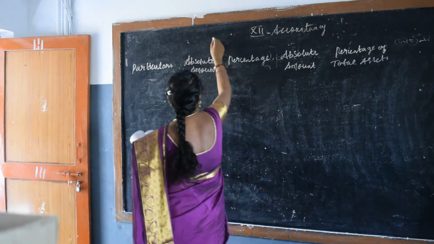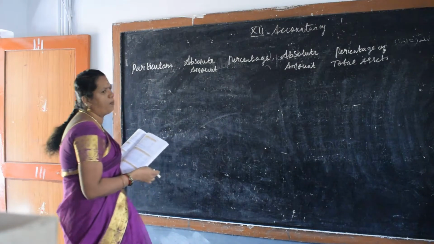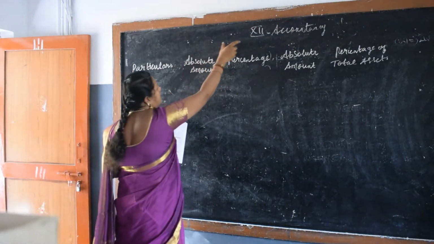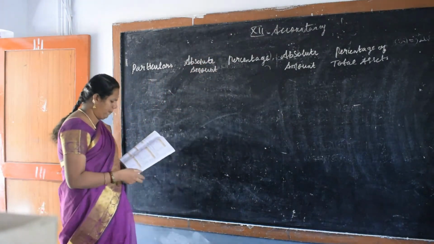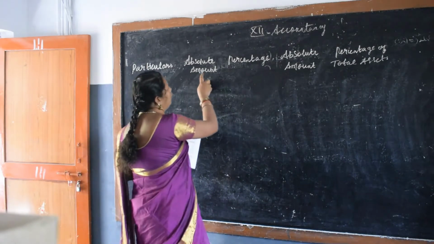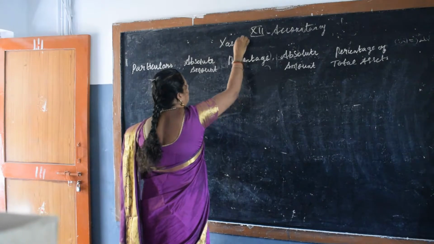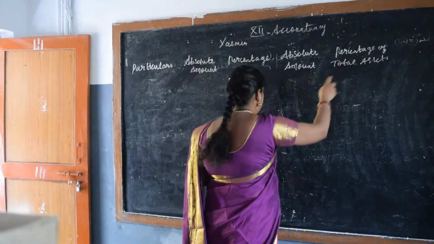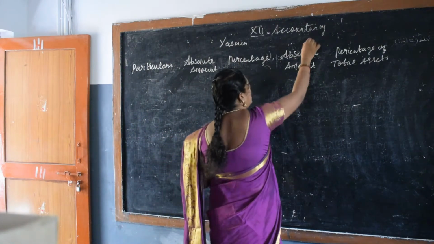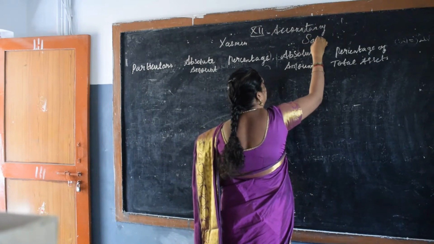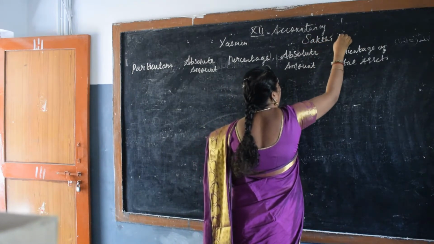Write the heading, common size statement. As there is no space, I have not written it here. Common size statement of both the two companies. This is the absolute amount and percentage for Yasmin, and this is the absolute amount and the percentage of the total assets for Shakti Limited.